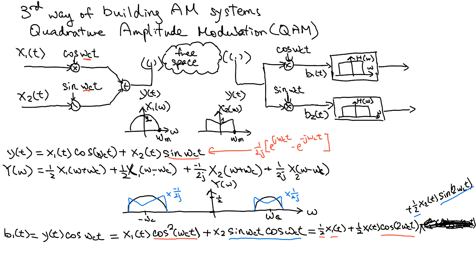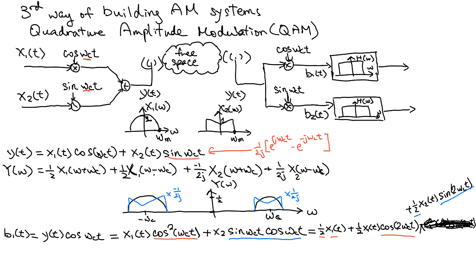So now let's see if we can finish analyzing with the following discussion. Now you have three terms here: half x1t, and then half x1t cosine of 2 omega ct, and half x2t sine of 2 omega ct. Now let's do a more intuitive discussion. If you look at the spectrum of B1, which signal would be centered at which frequency range?